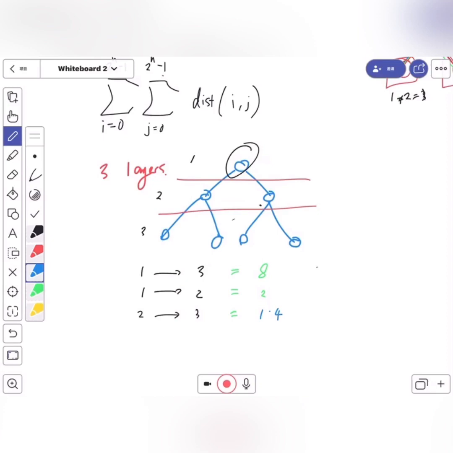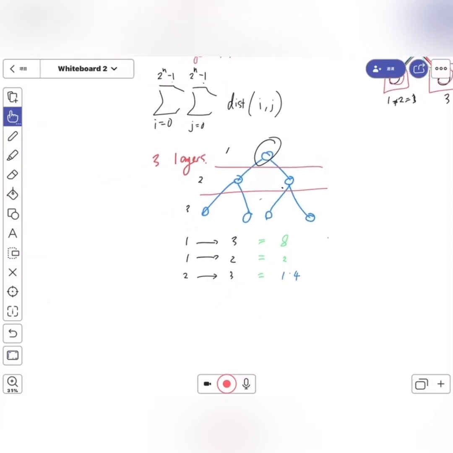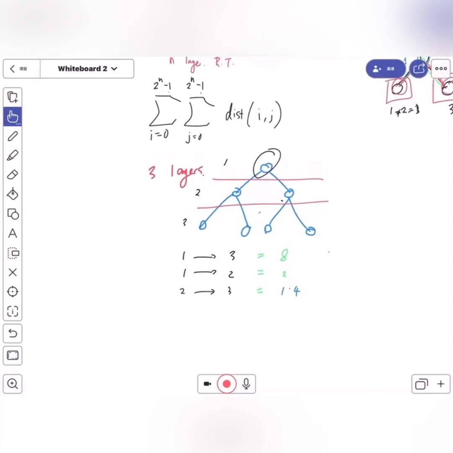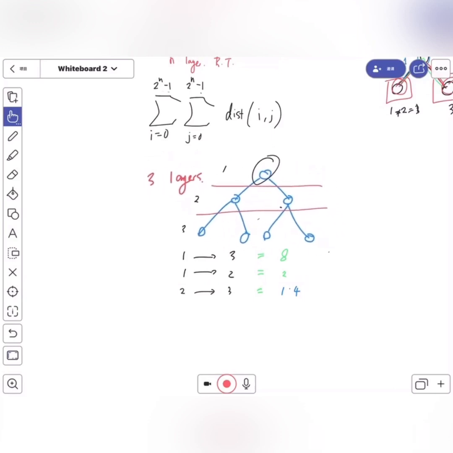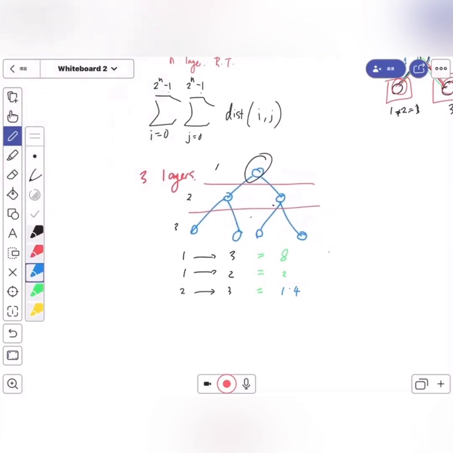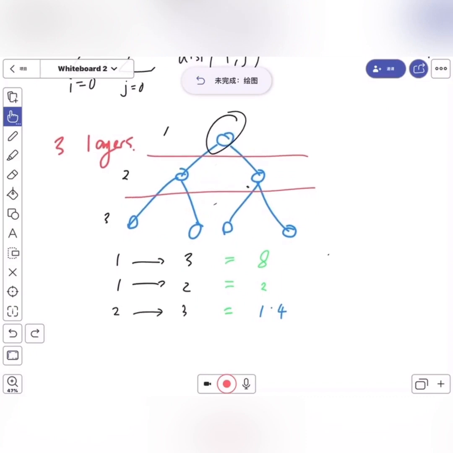So 2 to 3 will just be 1 times 4. But is that it? Well, it's not, because from 2 to 3, we also need to consider when this one goes to this position. So what would that be?